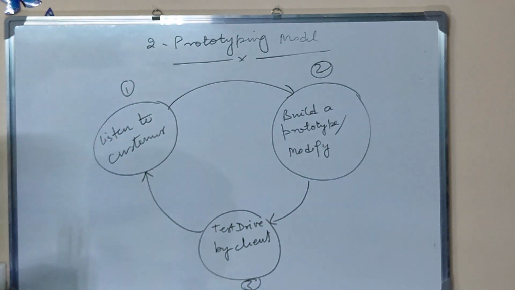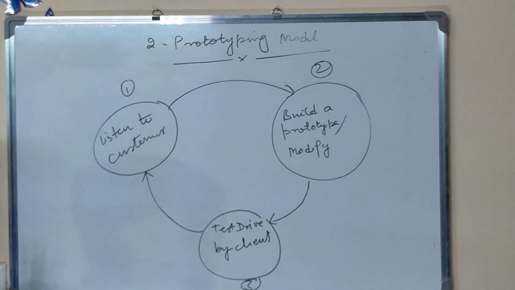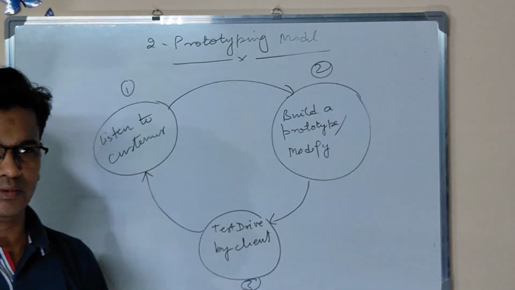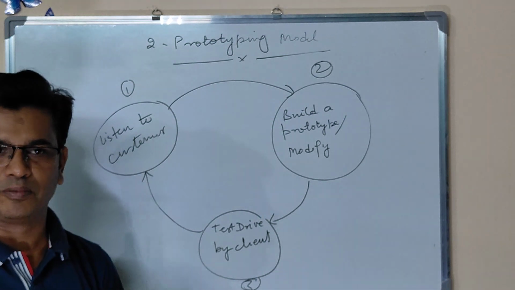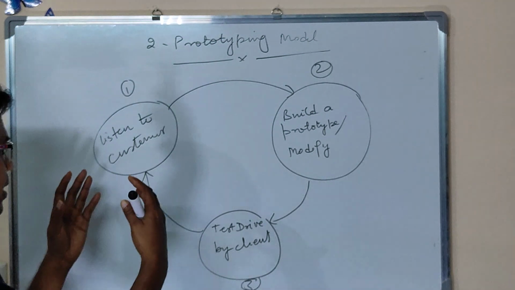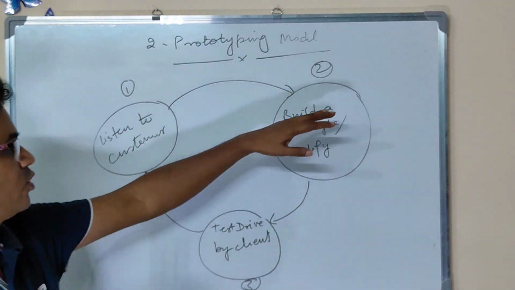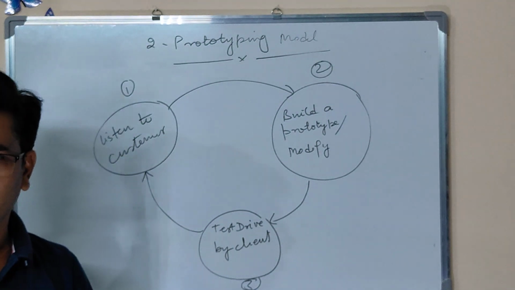If you see in this model, the first phase is listen to customer. The customer has some basic set of requirements at the initial level. Based on the customer's initial requirements, a prototype will be developed by the development team.